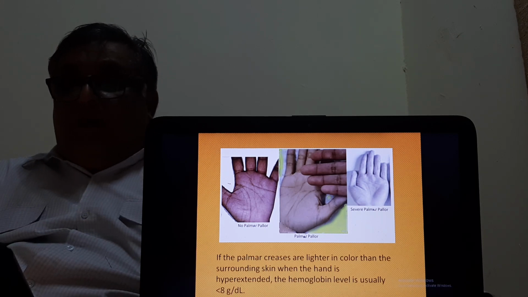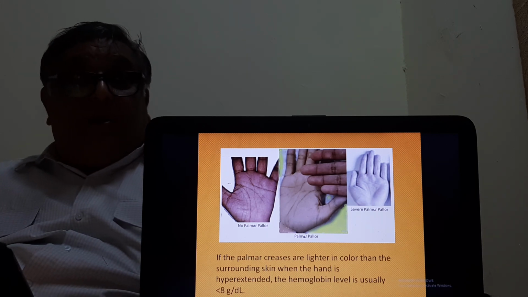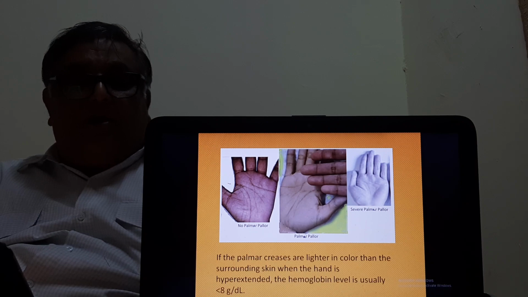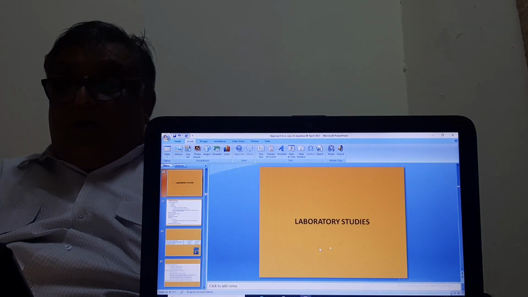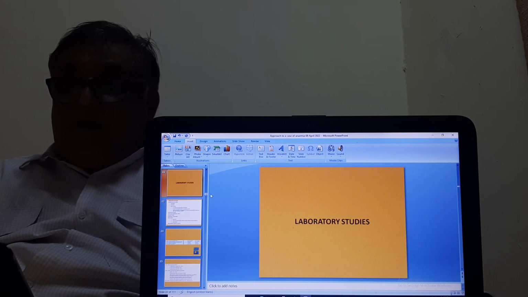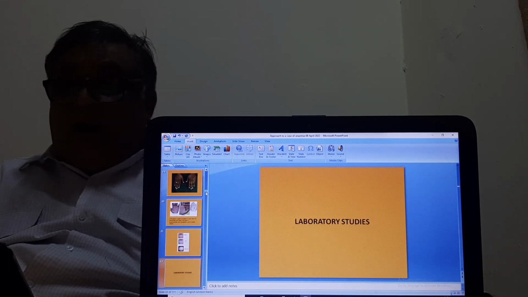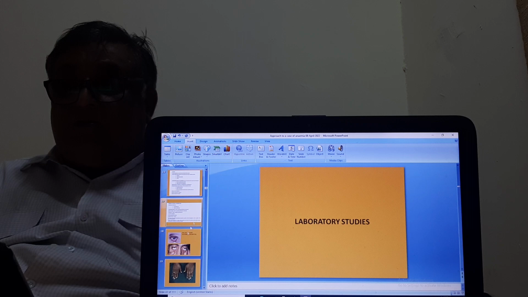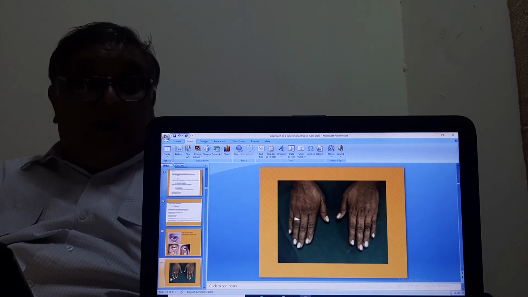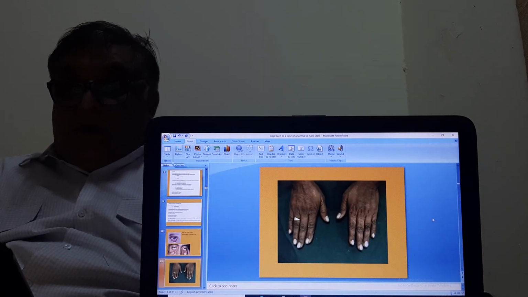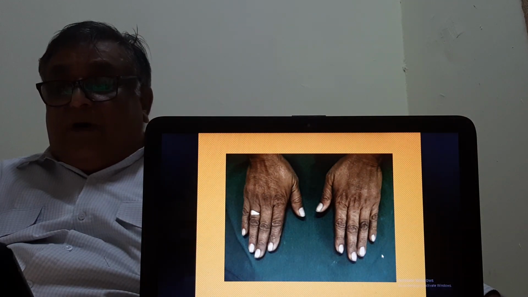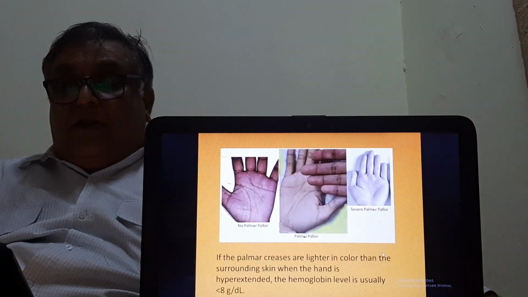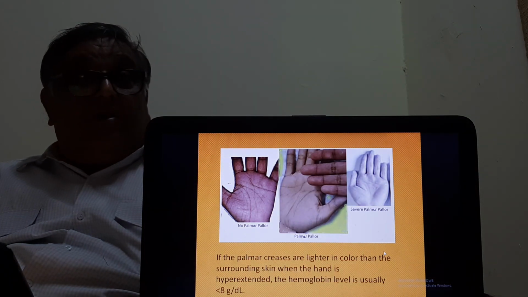Here we can see a normal conjunctiva, which is pink in color, but in a case of pallor it will be slightly whitish. The nails may similarly show white color. In fair patients, we may be able to see that the color of the palmar creases may be lost.